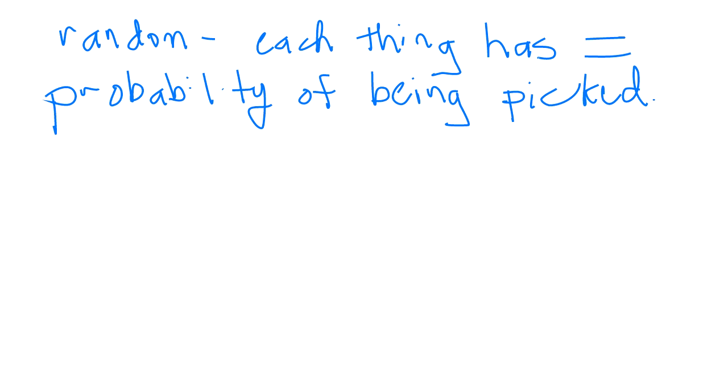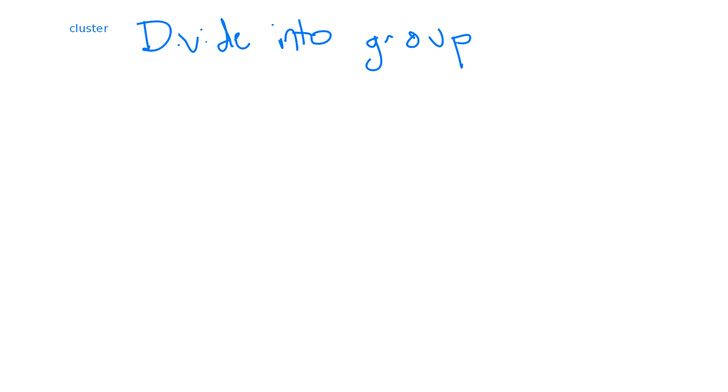Now let's look at the differences in all of these ways to sample, and let's look at cluster first. So cluster is you divide what you have into groups. You divide the population into groups, and then you choose certain groups.